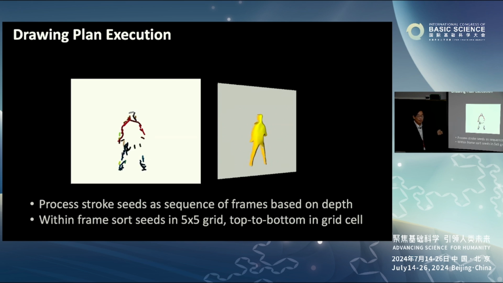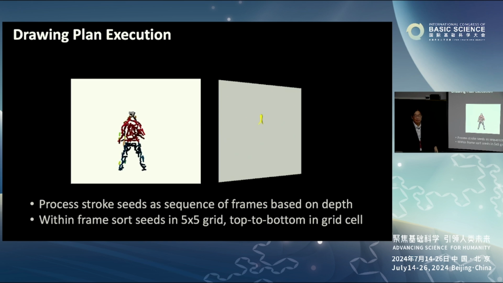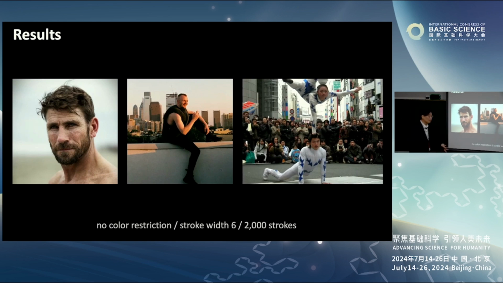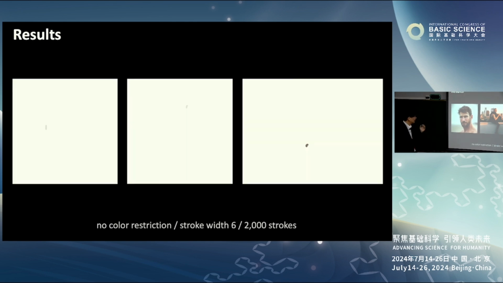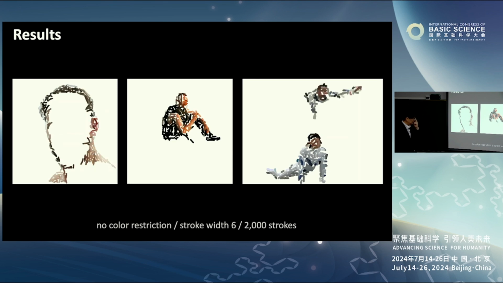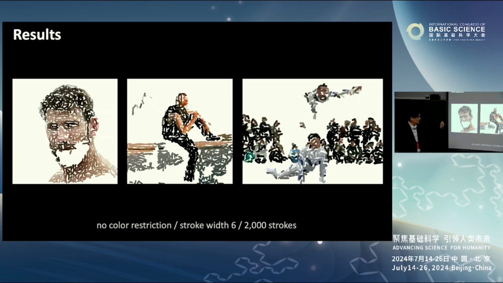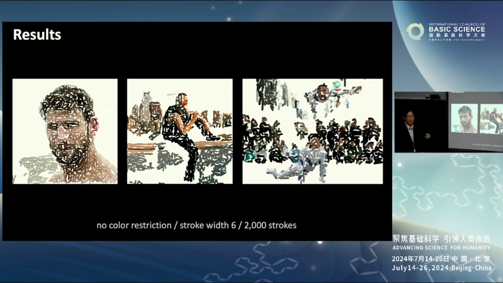Based on depth, we will draw something farther and then closer and closer. If you combine both, you will have something like this: things first, but back to front, and then stuff.